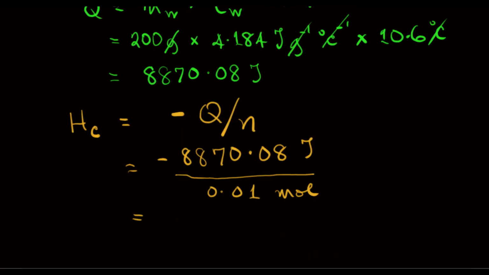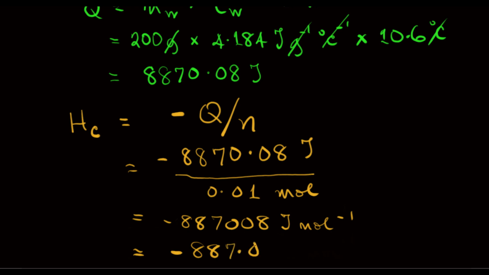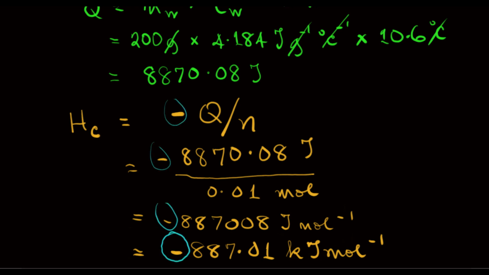So that gives us minus 8870.08 joules per mole, which is approximately minus 887.01 kilojoules per mole. Remember, your enthalpy of combustion must always be negative. So don't forget that.